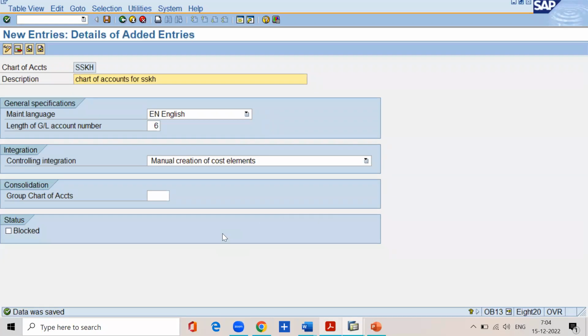Heading is definition of chart of accounts.